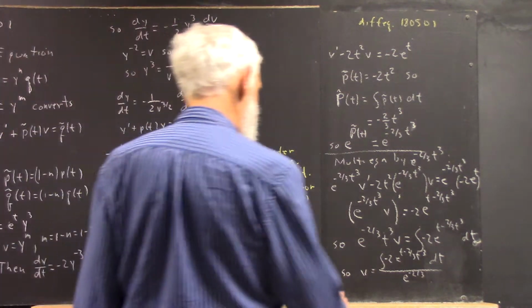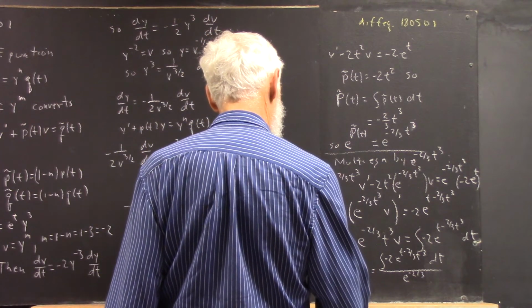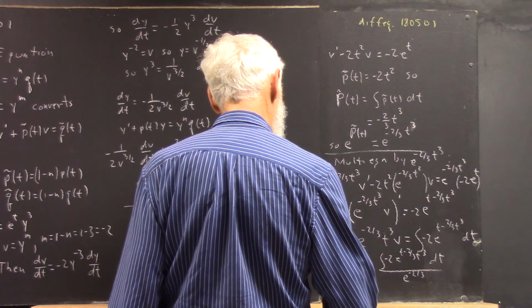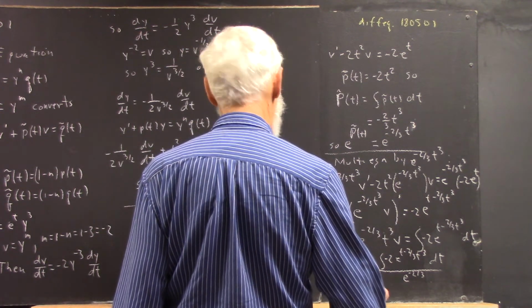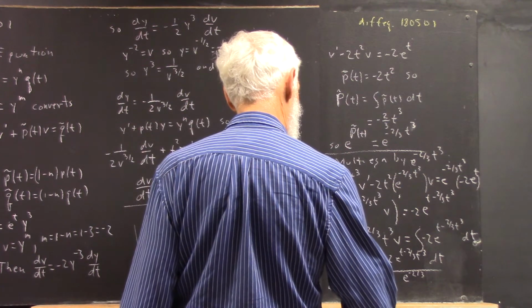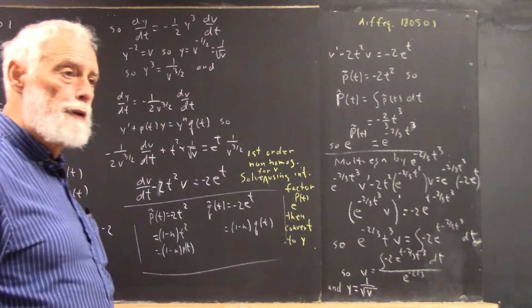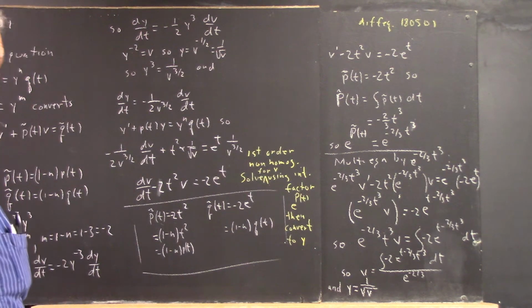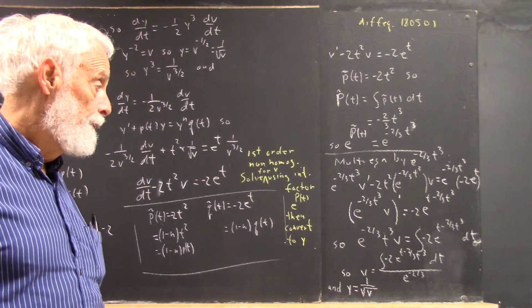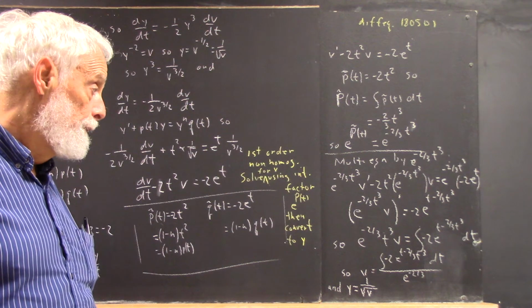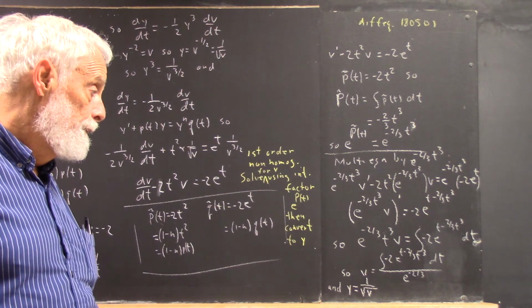So I'd go back and do some equations. And y equals the reciprocal square root of v. Your t cubed still comes down, right? Should that be e to the negative 2/3 t cubed?